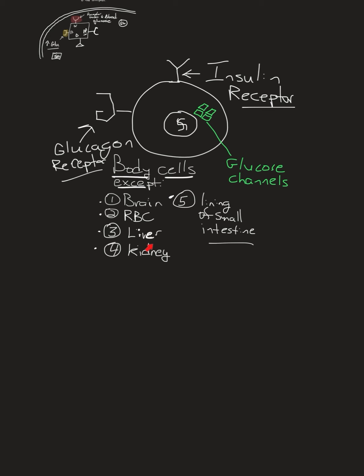These particular tissue cells do not need insulin or glucagon to absorb sugar. They don't need insulin to absorb sugar, and glucagon has very little impact on them.